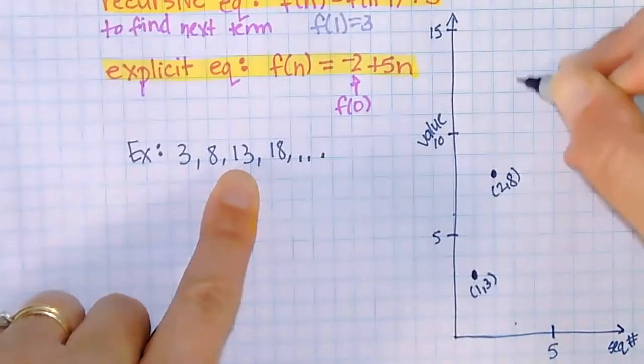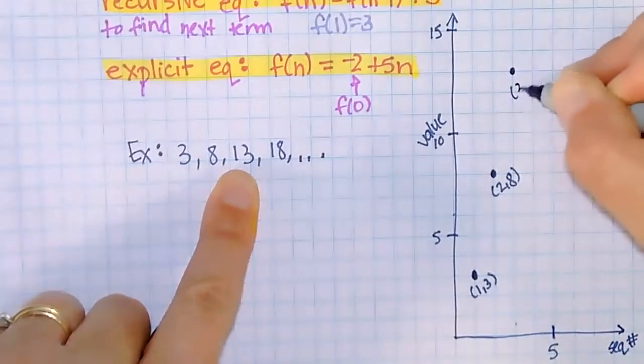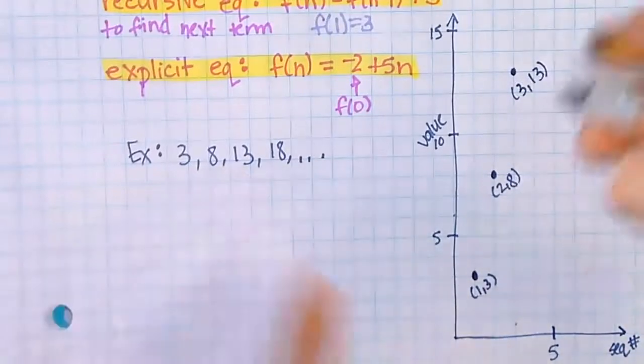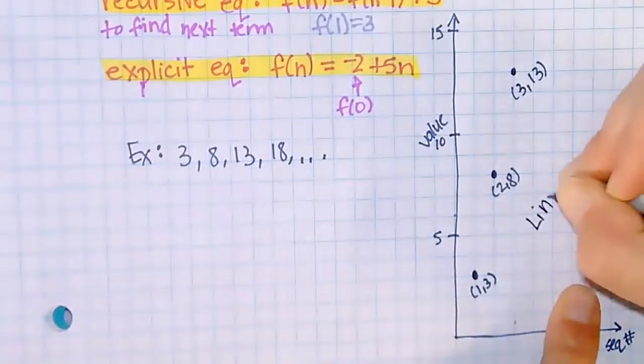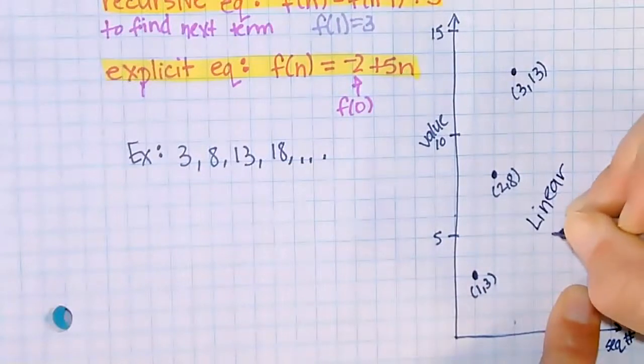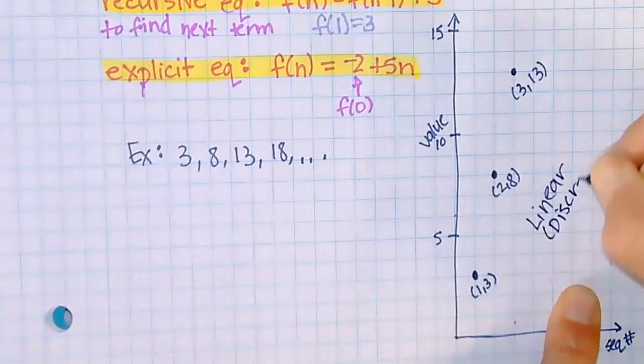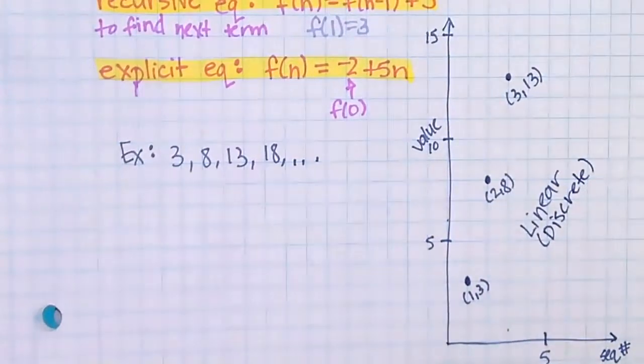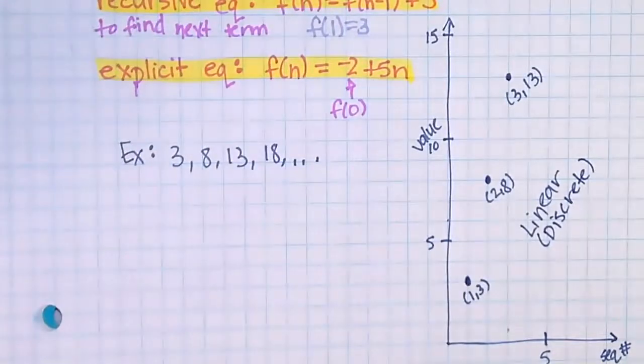So 11, 12, 13, and so on. And again, we don't connect it. And this is going to be a linear, discrete graph.